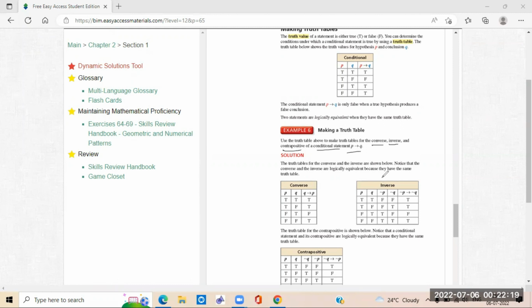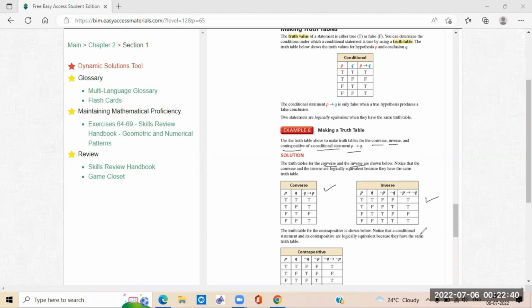Can you tell me? The converse and the inverse. Yeah, so if you take the converse and the inverse, they are going to be logically equivalent statements because they have the same truth table.